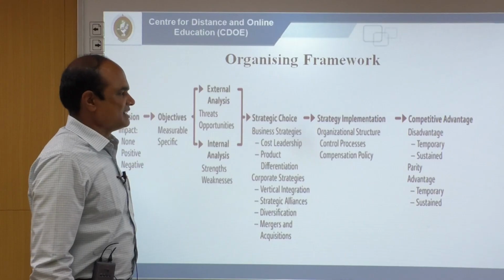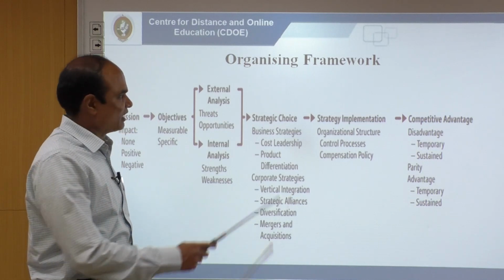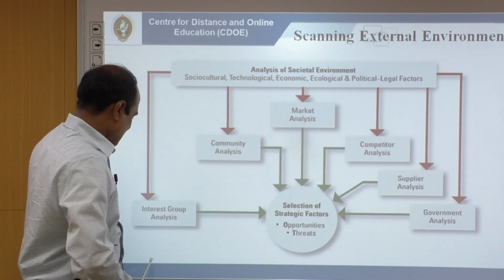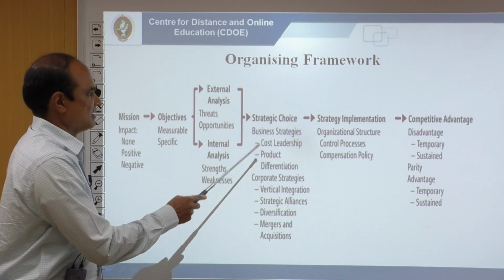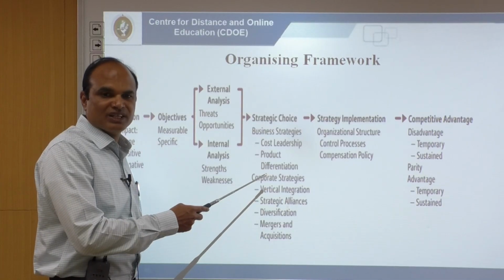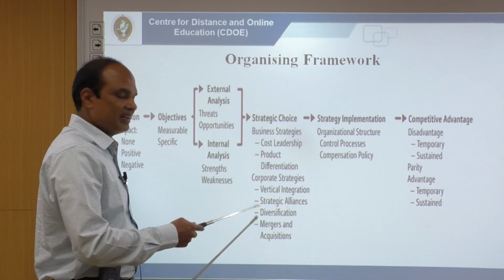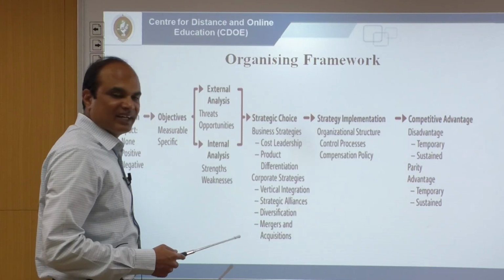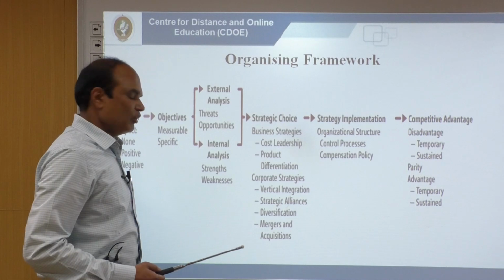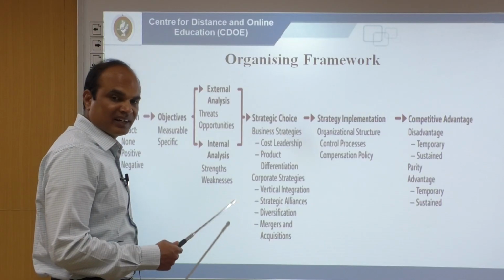So what are the strategic choices a company has? Basically there are two types: business strategies and corporate strategies. In business strategies, the company decides whether to focus on cost leadership, product differentiation and so on. In corporate strategies, the company decides whether to go for vertical integration, strategic alliances, or diversification, whether related or unrelated.